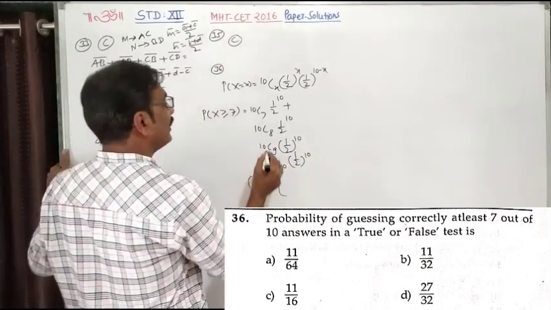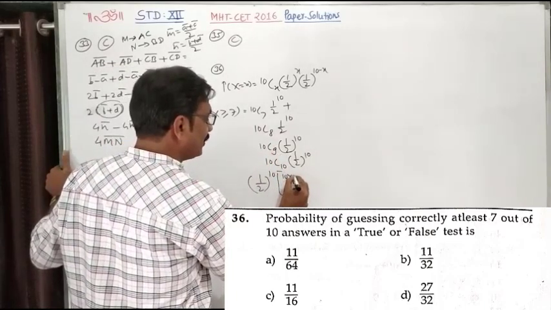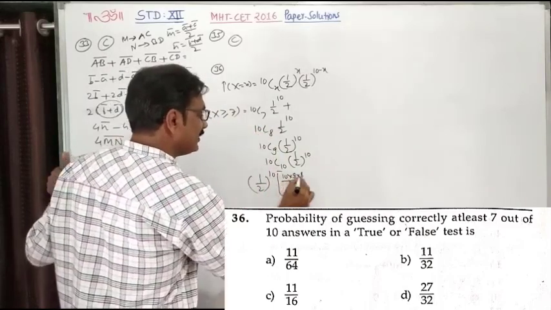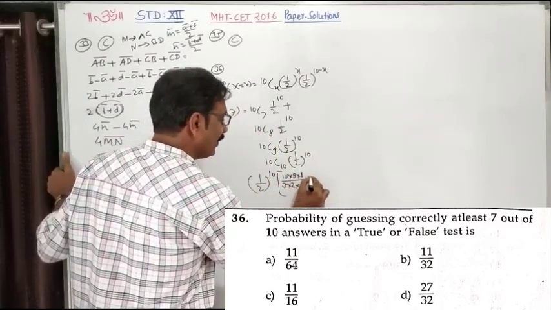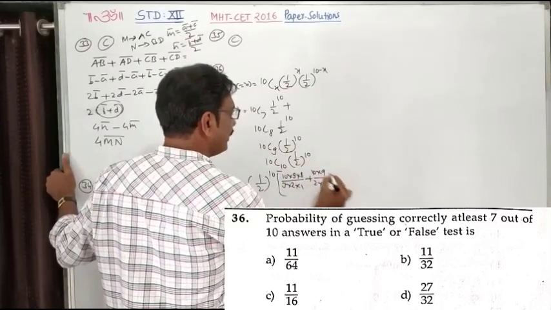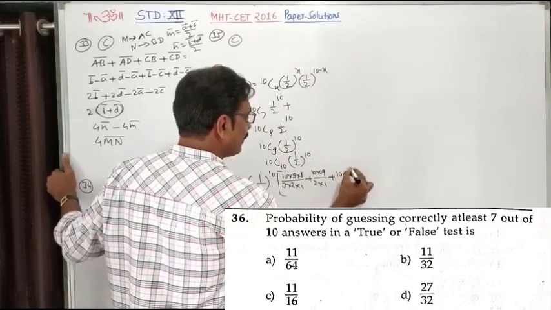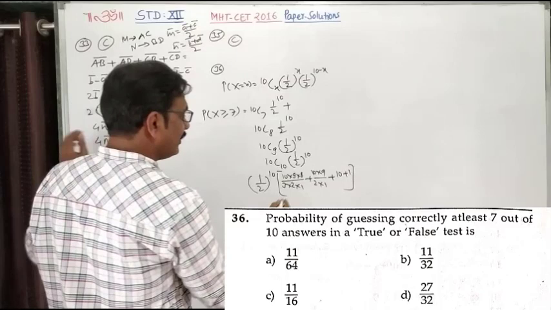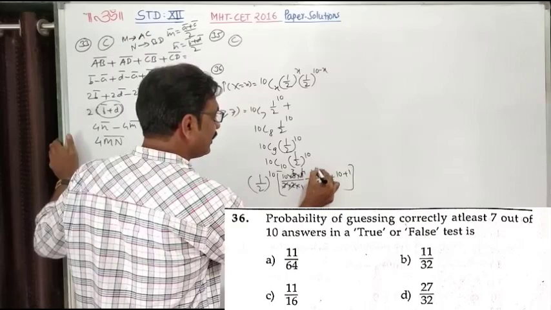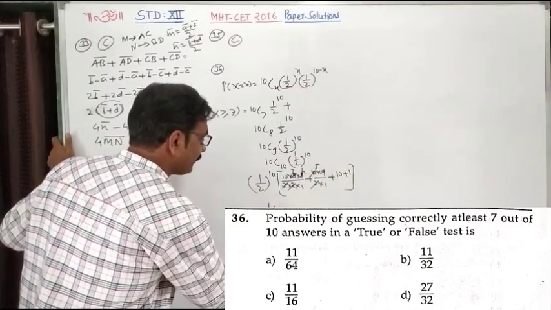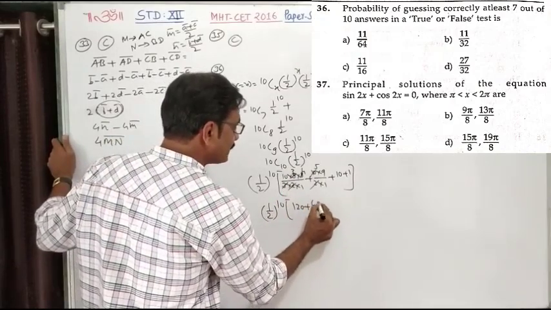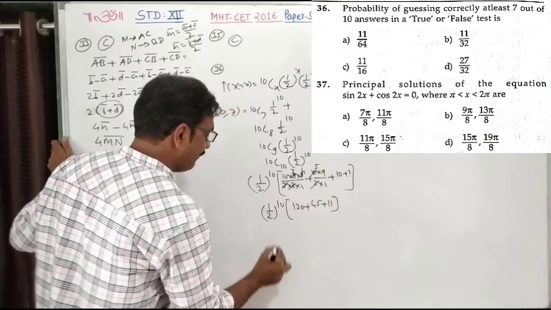Yeah? Okay? 10C7: 10 into 9 into 8 upon 3 into 2 into 1. 10C8: 10 into 9 upon 2 into 1, it will be 45, and 10C10 will be 1. So 3 3s are 9, 2 4s are 8, 2 5s are 10: 120, plus 45, plus 11.